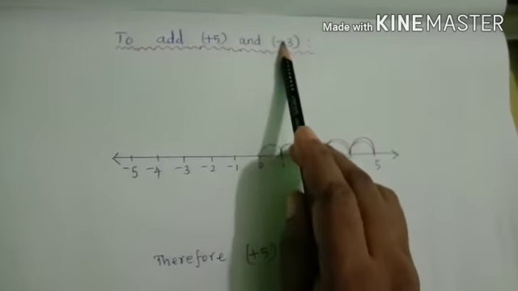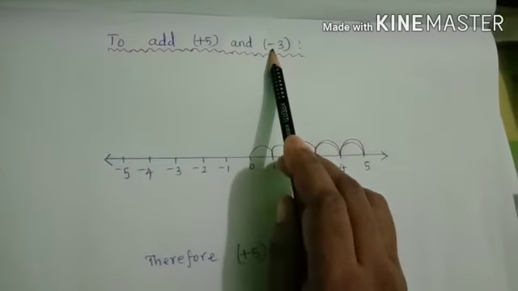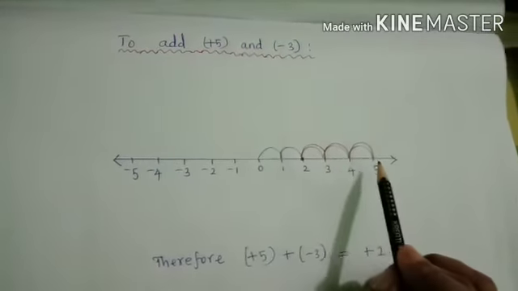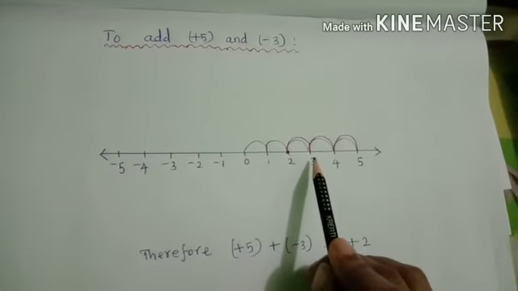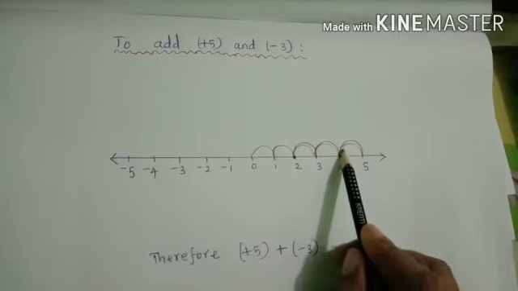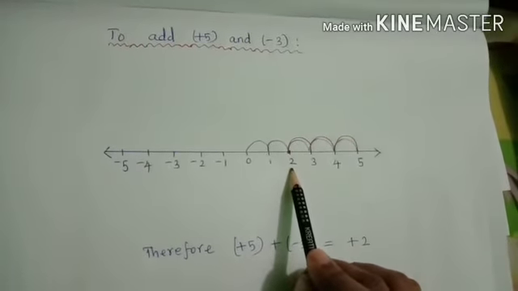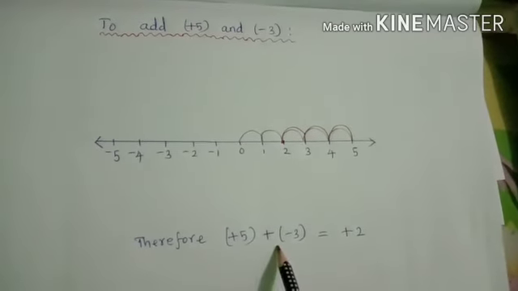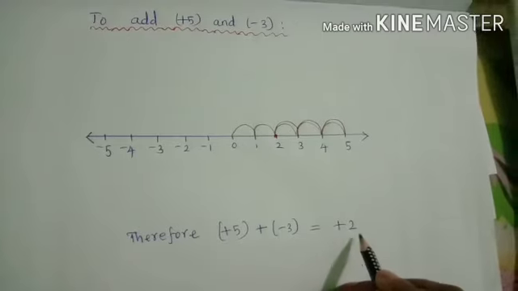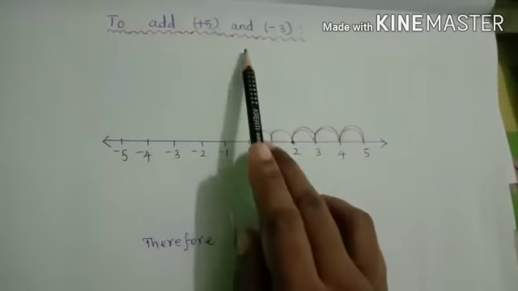The second operand is -3, which is a negative integer. So we have to move 3 steps backward from 5 to represent -3. That is 1, 2, 3. Now we land at +2. That is, +5 plus -3 gives +2. This is the solution of the given addition.